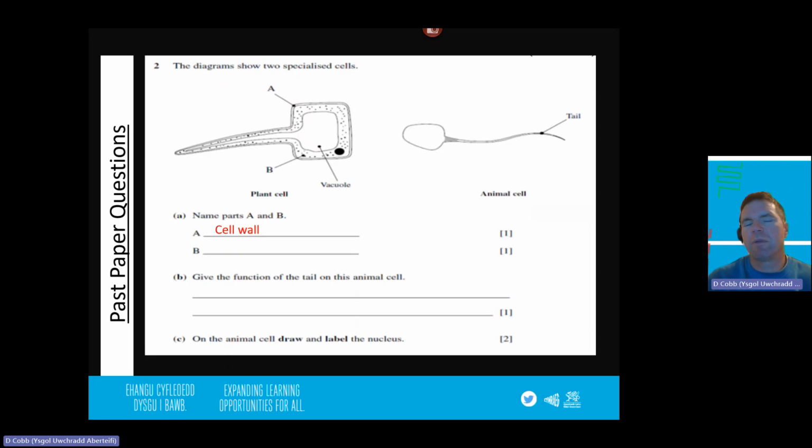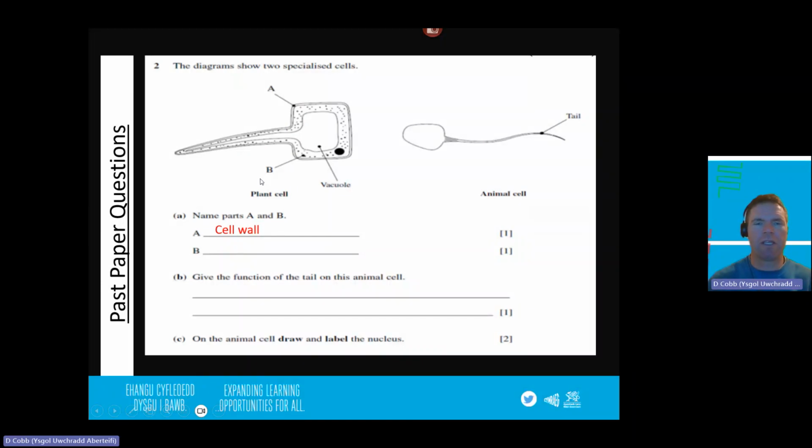Whenever you're asked to identify which is which, the cell membrane is one of the few occasions where you label the edge, or you label a line. The norm, when you label, is that the label line should finish within the structure. That's exactly the case with the vacuole. You can see the label line ends within the vacuole. It doesn't label the edge of the vacuole, it labels the inside of the vacuole.